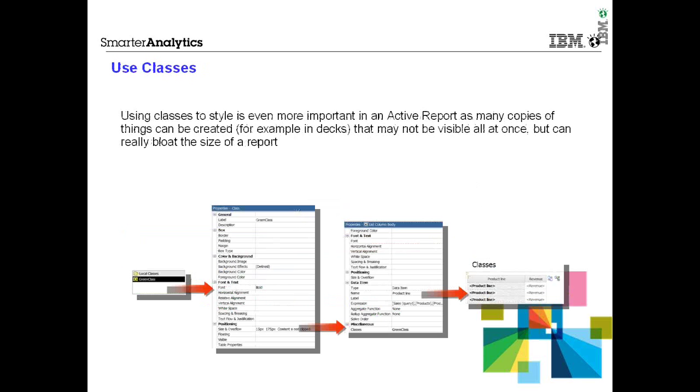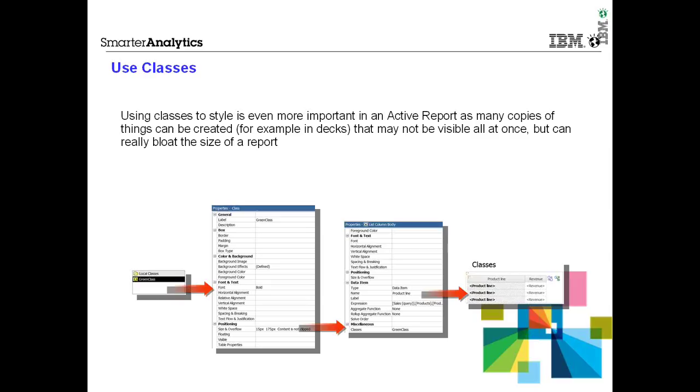Moving on to the next slide, which is use classes. Classes is a feature in Cognos Report Studio wherein the author can define the styling elements, and once those styling elements have been defined, they can be applied to multiple objects. So you define your formats and your styling once, and then you apply it multiple times.